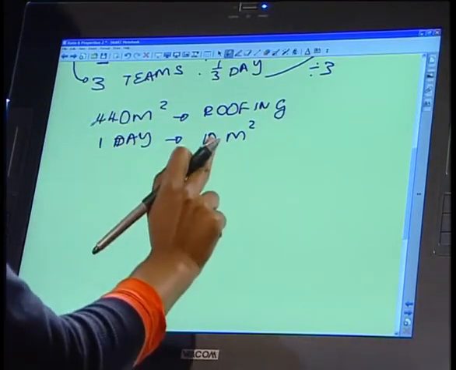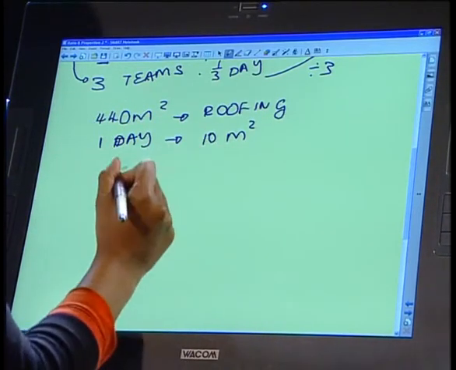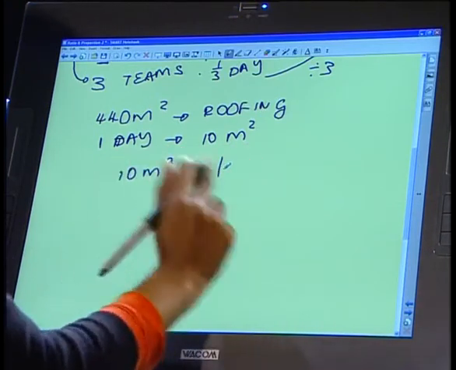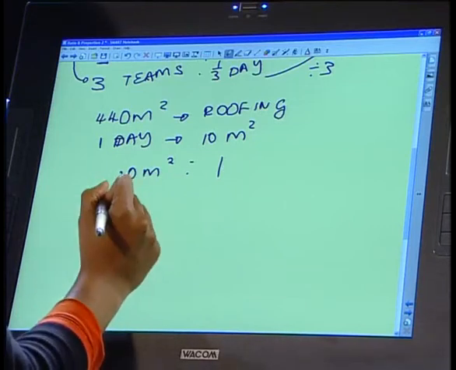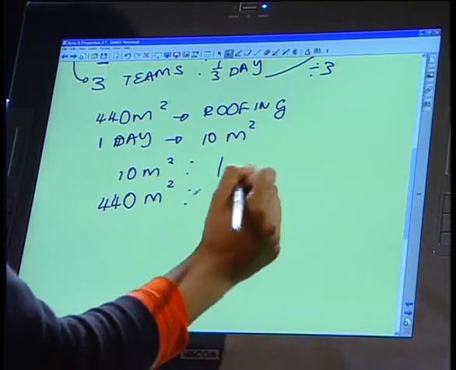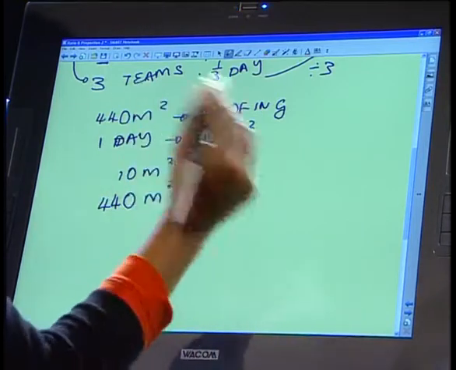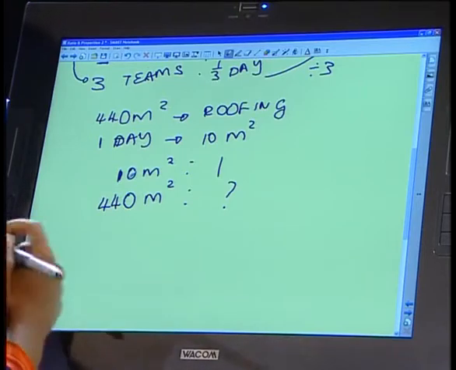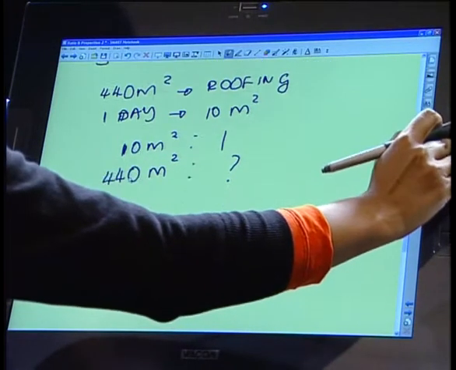So if 1 day for 10 meters squared, I can write this as a ratio. 10 meters squared is to 1 day. And I want to go to 440 squared meters. I want to find out how many days is that going to take? How many days is 440 squared meters of roofing going to take?